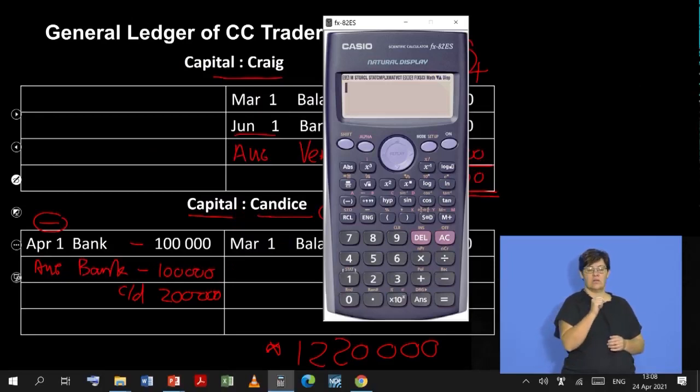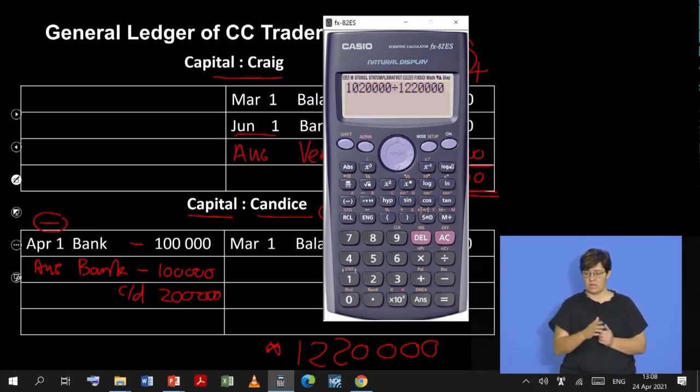So let's grab our calculator and do that calculation quickly. We've got Craig with 1,020,000. There we go. We're going to divide this by our total capital contributed by both partners, 1,220,000.